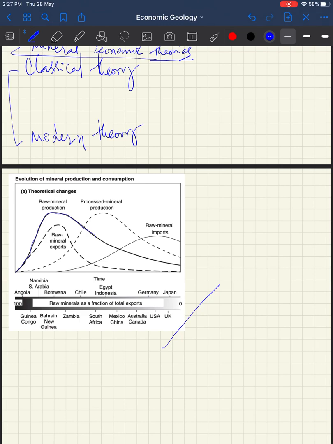Early in the nation's development, the raw mineral exports play a very significant role. Profits from these exports are used to build an industrial manufacture infrastructure which supports growing exports of goods manufactured from domestic raw materials. The important point to note in this theory is as mineral reserves dwindle, imports rise in order to support the continued manufacturing.